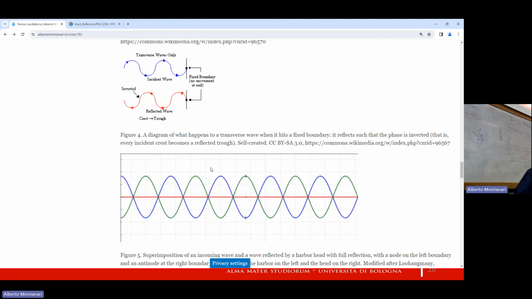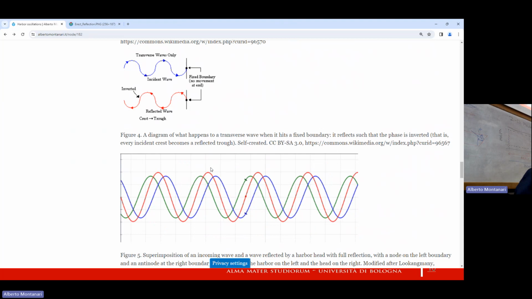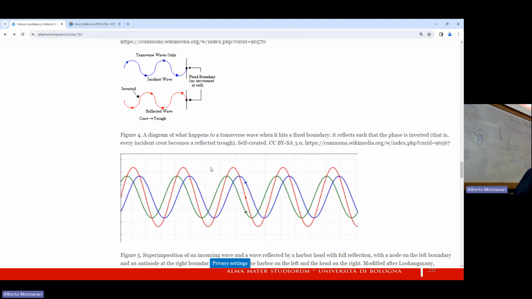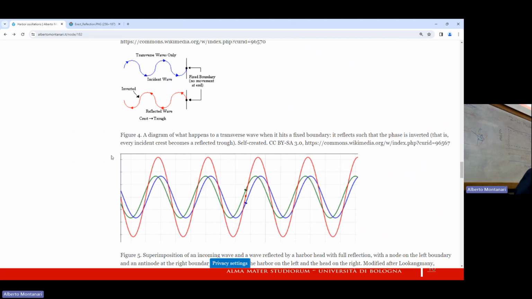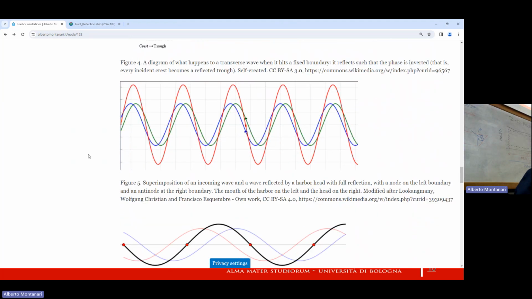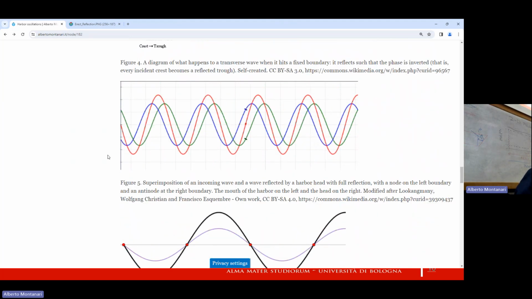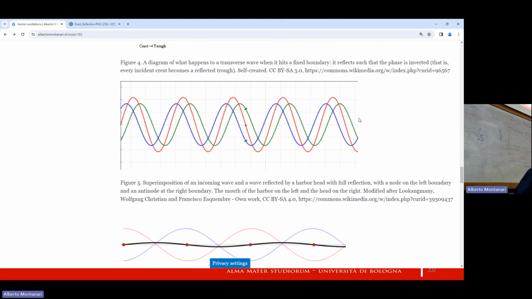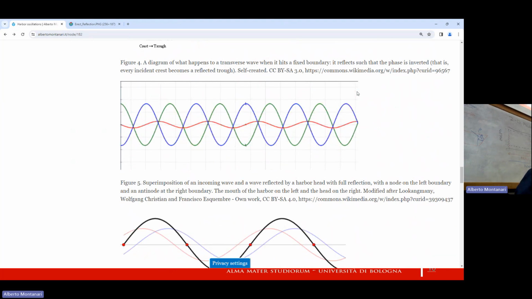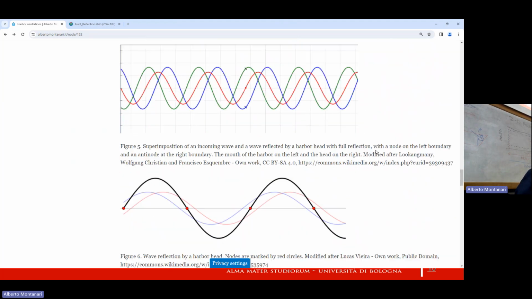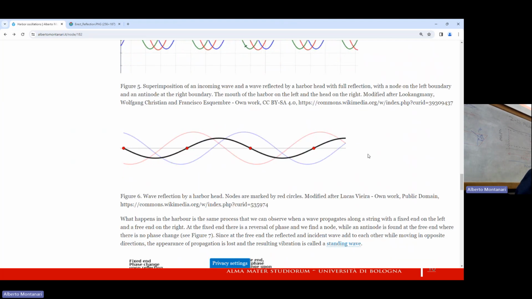Okay, and now you can see here our case. This is our case. So you see here that the boundary is moving, and here it's simplified.